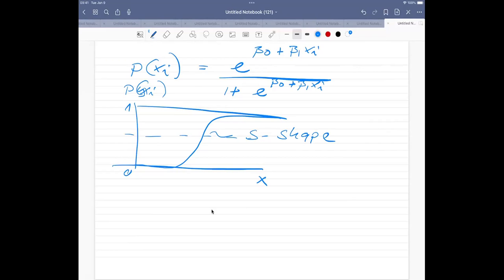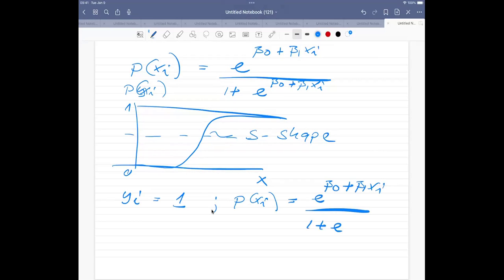So let's now simplify a little bit. What we said is that for y of i equal to 1, we have decided that this probability P of x of i is given by this function, with beta 0, beta 1, x of i. I mean, there's nothing which hinders you taking another function. You could just take a step function.